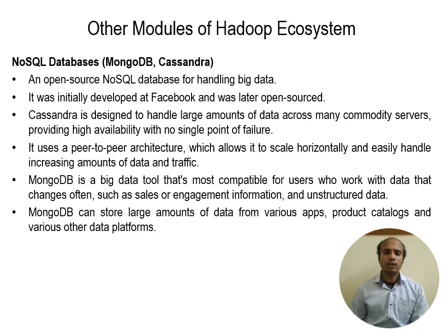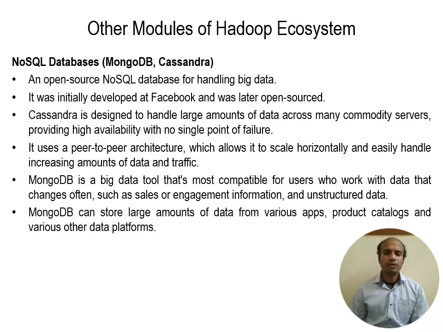Cassandra is designed to handle large amounts of data across many commodity servers, providing high availability with no single point of failure. It uses a peer-to-peer architecture which allows it to scale horizontally and easily handle increasing amounts of data and traffic.